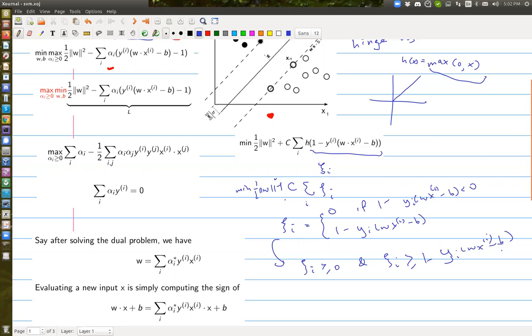By the way, you may question why I can do that. This is some kind of relaxation, because the original constraint is that ξi is either equal to 0 or equal to this guy. Of course, it should be bigger than either of them.